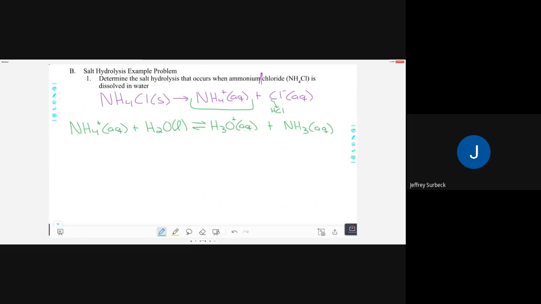The real reason why is this. HCl, because it's strong, actually breaks completely into H plus and Cl minus. Because it completely breaks apart and we don't have this back and forth part, that's the real reason.